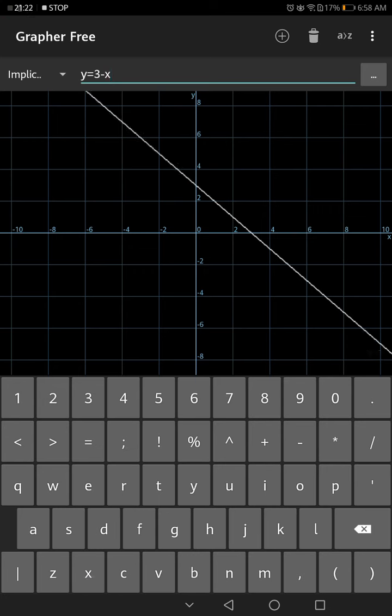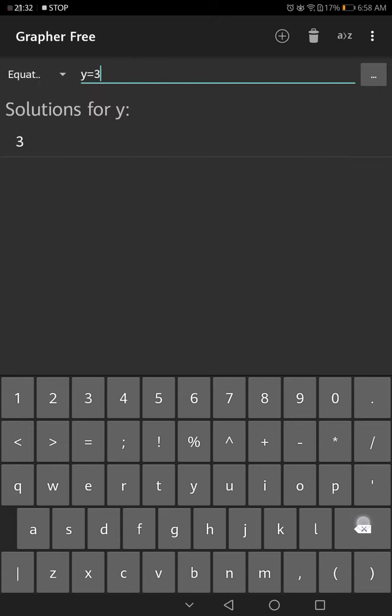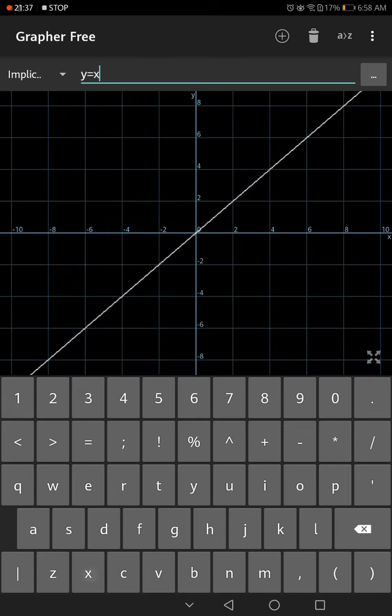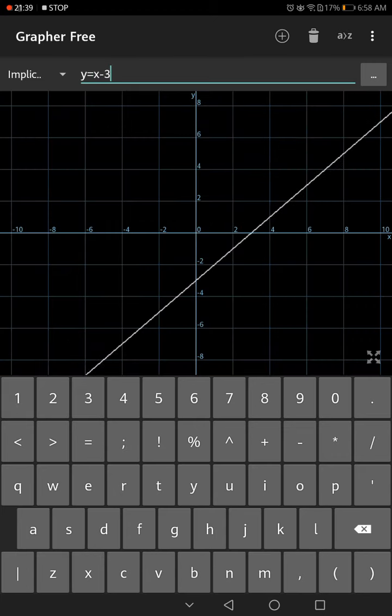This is decreasing, and we say it has a negative slope, that means the x is negative. But if the x is positive, like this one, the slope will be positive, and it is increasing.